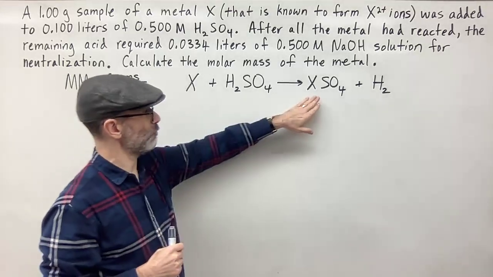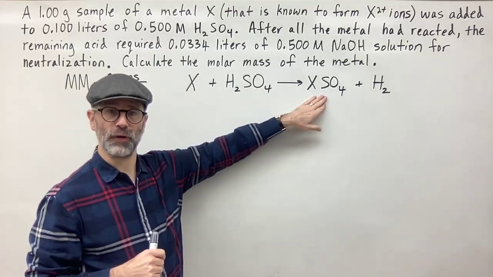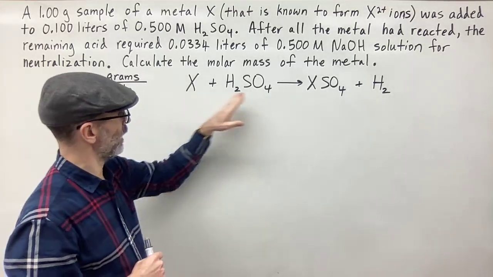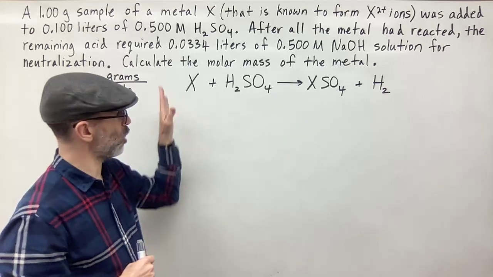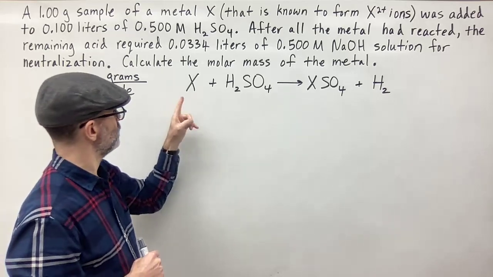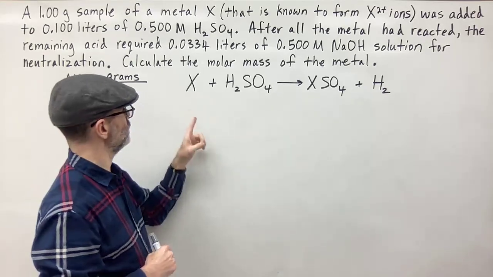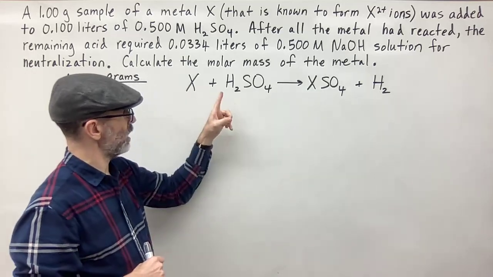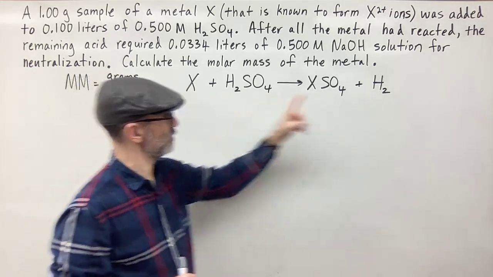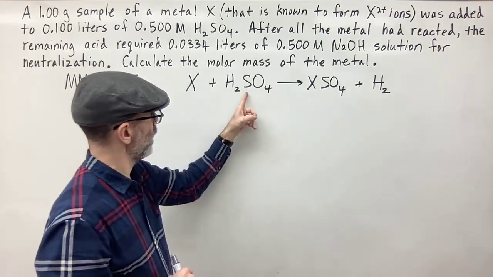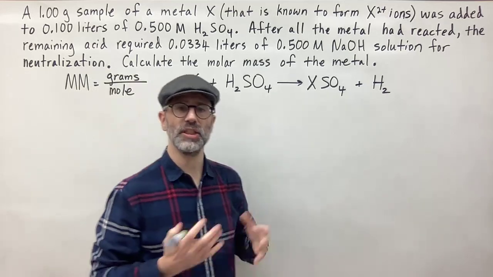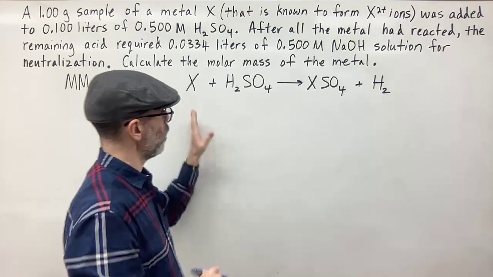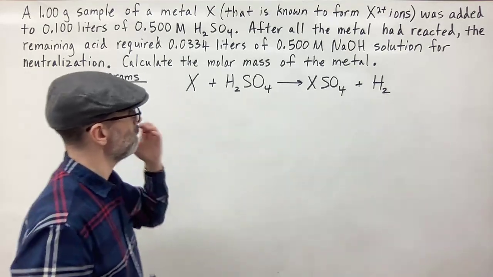So this is our formula for the metal sulfate from our metal and our sulfuric acid. All we need to do is make sure the equation is balanced. We have 1 X and 1 X. We have two hydrogens. We have SO4 and SO4. So this is balanced, and we have one balanced equation that's going to help us.